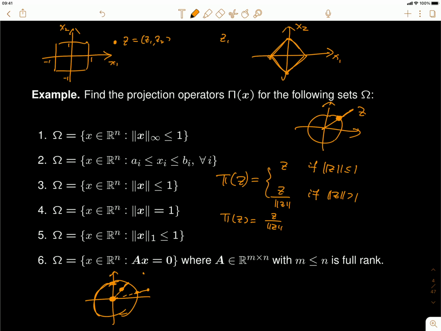What that means in the 2D case, with x1 and x2, is that Ax equals b may be this, but since this is 2D, Ax equals 0 is just a straight line passing through the origin, and we need to project some point. So I have a point here, and we need to know how to project it to the plane, to the straight line in this case, but it's a hyperplane in the general case.